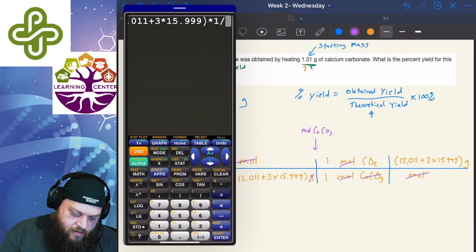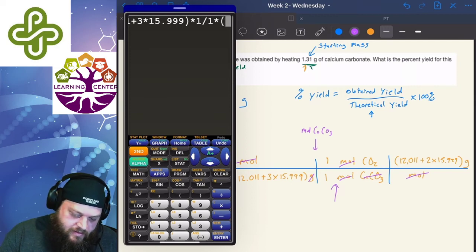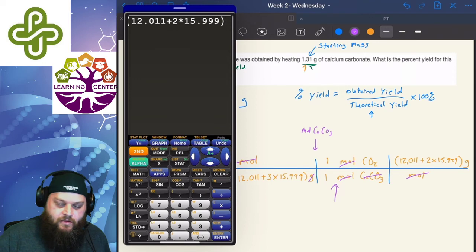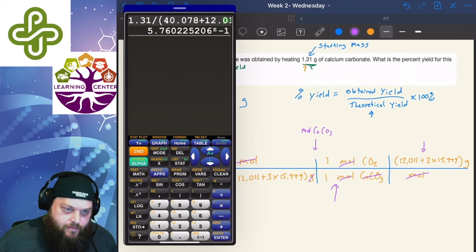Might as well, 1 divided by 1, just to do this column here. And then we're going to multiply, parentheses again, by 12.011 plus 2 times 15.999. Close my parentheses. Your parentheses are important when you're doing these. That's why I write them down. If you found this value on the internet, it would be all together already. And we can press enter.